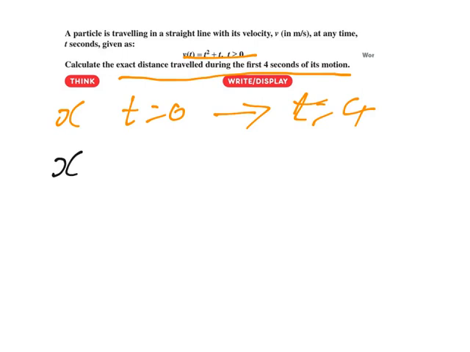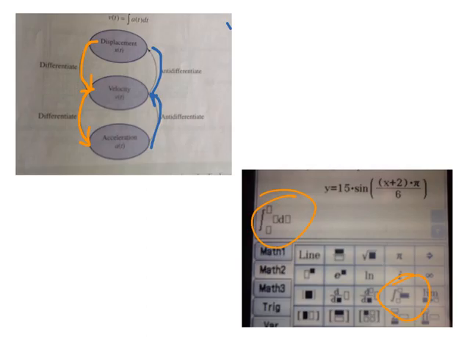Oh, and I forgot to say what we do for anti-differentiation. The symbol for that is this. I forgot to say that.